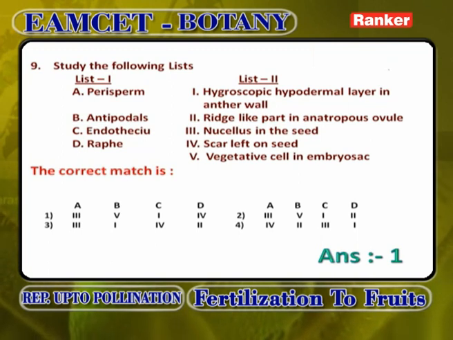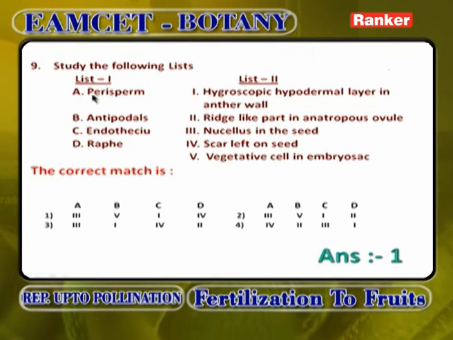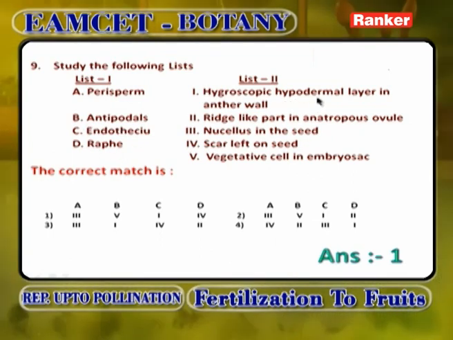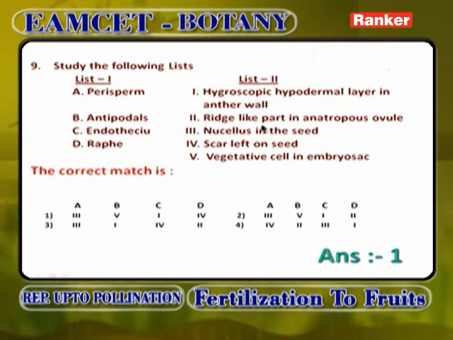It is a matching. List 1: perisperm, antipodals, endothecium, raphe. List 2: hygroscopic hypodermal layer in anther wall, ridge-like part in anatropous ovule, nucellus in the seeds, scar left on the seed, vegetative cells of embryo sac.